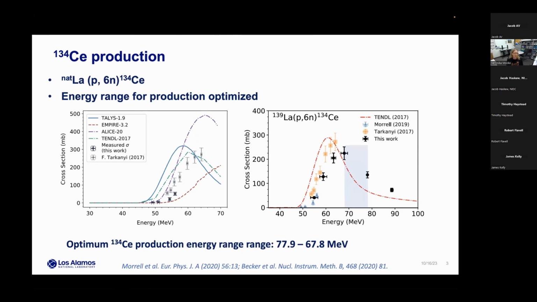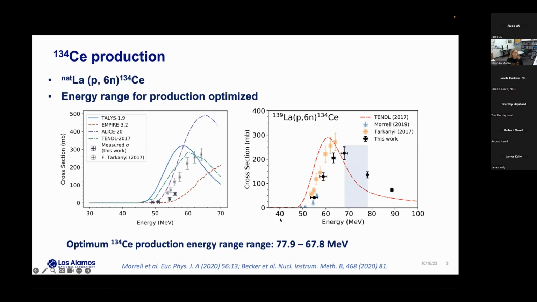In the beginning of the study, we looked with our collaborators at Lawrence Berkeley National Laboratory, at their 88-inch cyclotron, at the energies to produce Cerium-134. I should mention this is a proton-induced reaction on natural lanthanum.